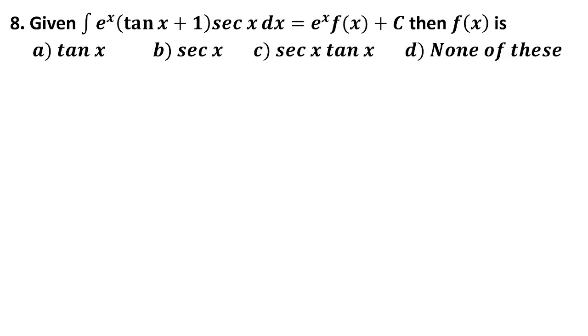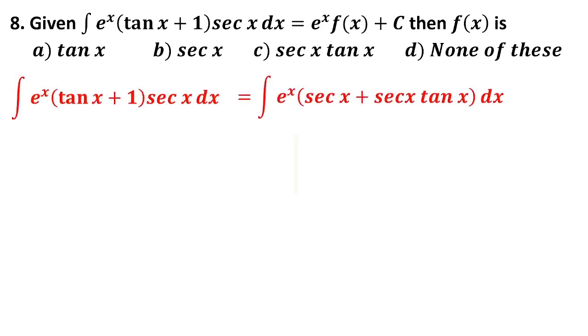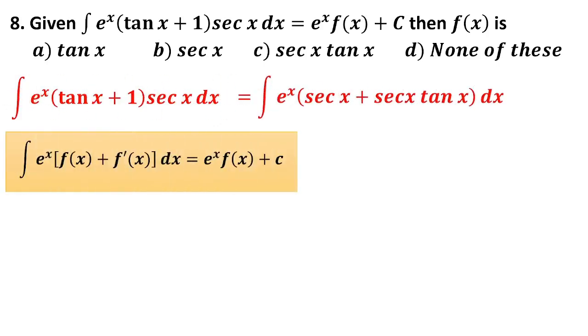Let us move on to question number 8. Given integral e power x tan x plus 1 into secant x dx is equal to e power x f of x plus c, then f of x is. We have to make use of the property that whenever e power x into f of x plus f dash of x is there, the integral of e power x into f of x plus f dash of x is e power x into f of x.